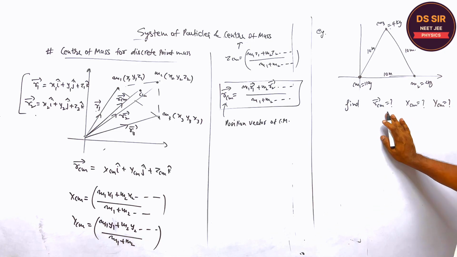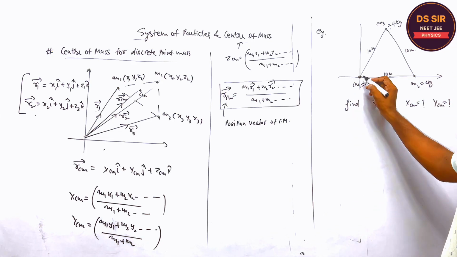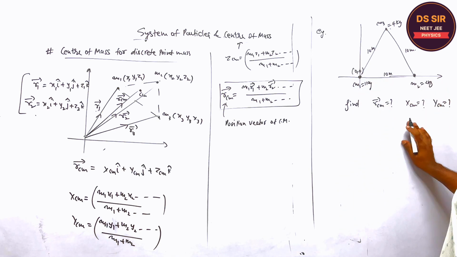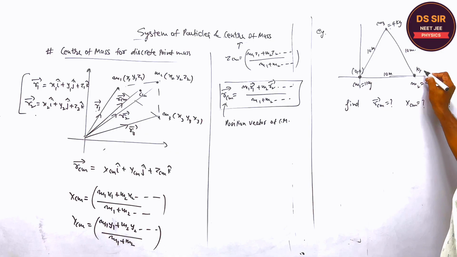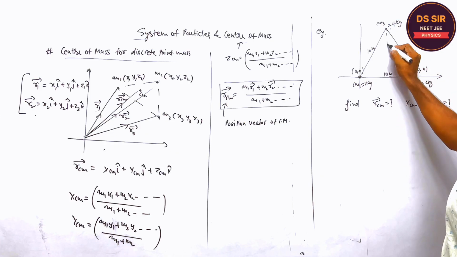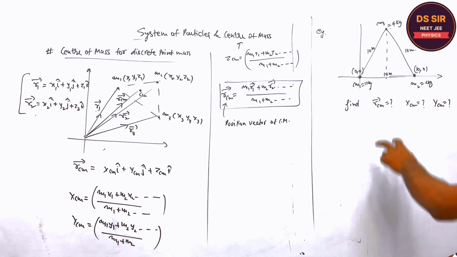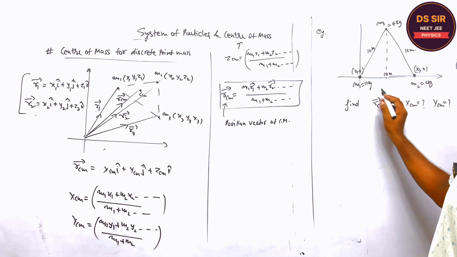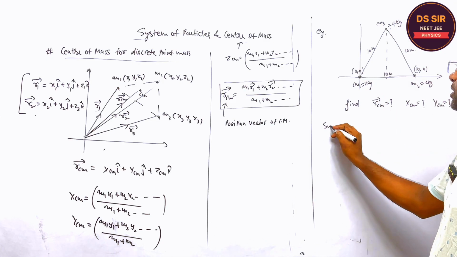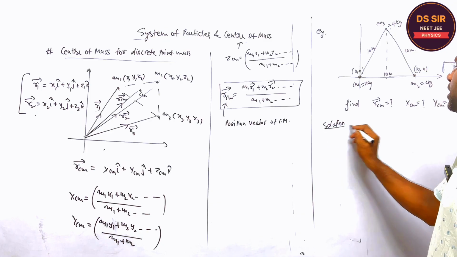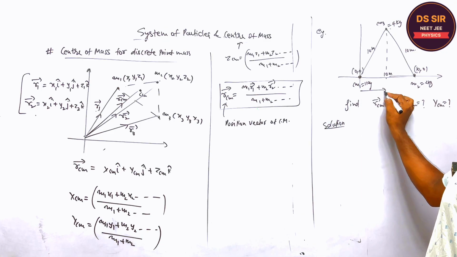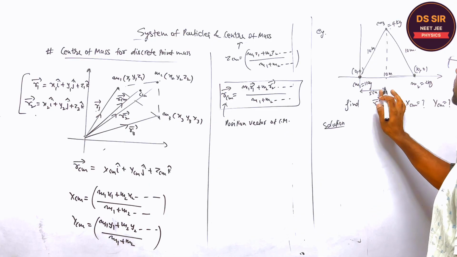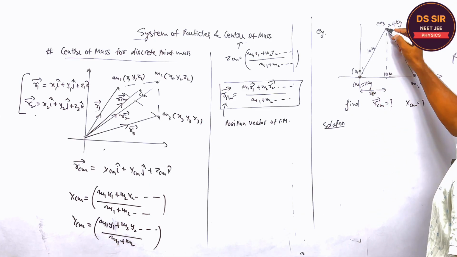How to find this? Listen, one thing. This is M1. You must write the coordinate 0, 0. Its coordinate is, if this is 10, then 10, 0. Are you getting or not? Can you tell me what is the coordinate of M3? Yes. This is the x coordinate, just half, 5 meter in the x direction, and this is the y.